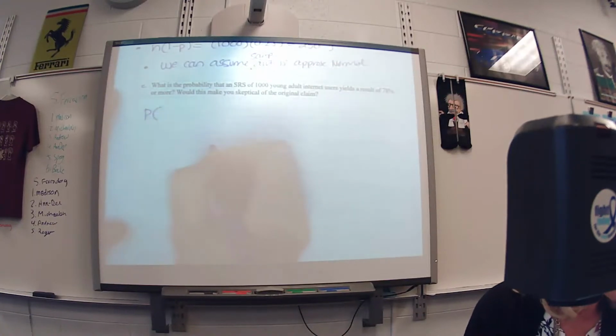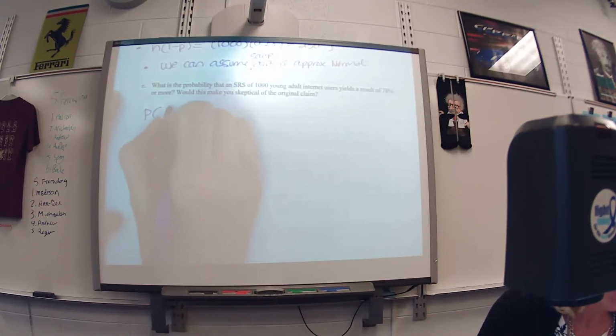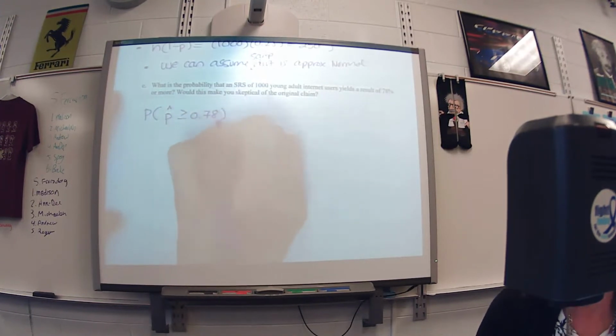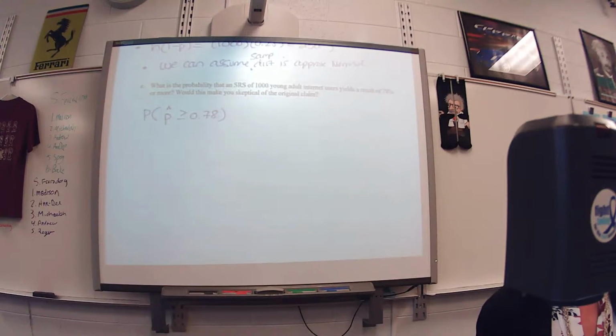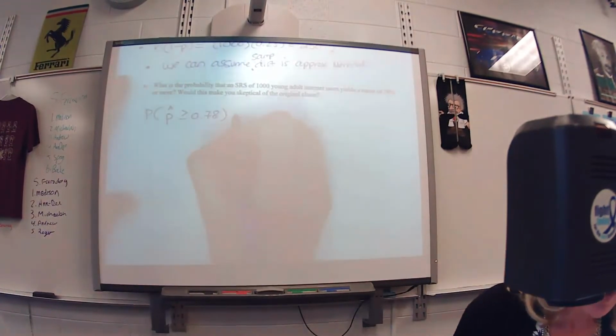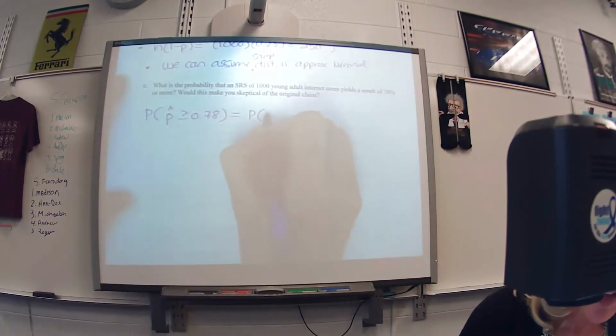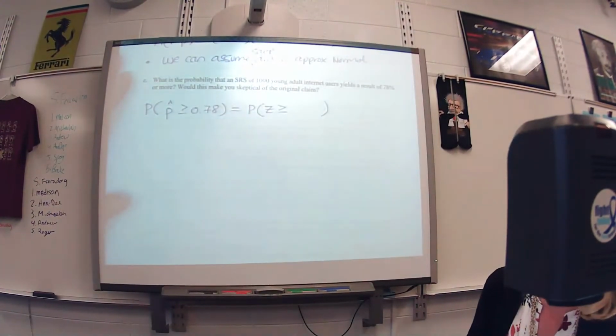What is the probability that our p hat comes in at 78% or more? Now, we know that p is 75%, or at least that's what they told us. Do you think it's reasonable that someone might get 78%? Sampling variability, right? Okay, so let's find out. What's the probability that z would be greater than or equal to?